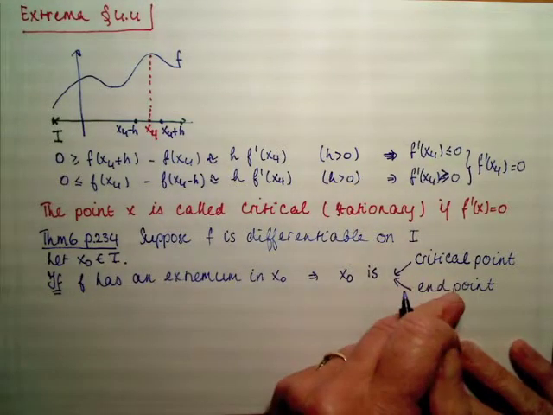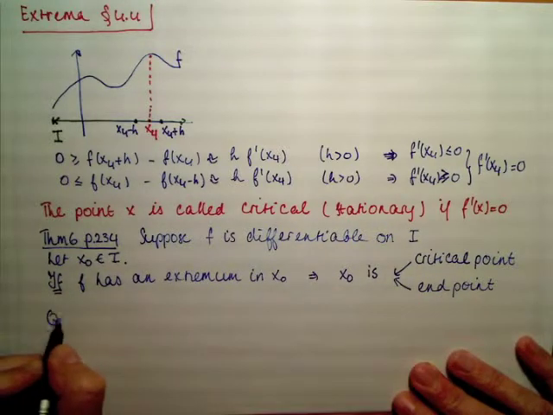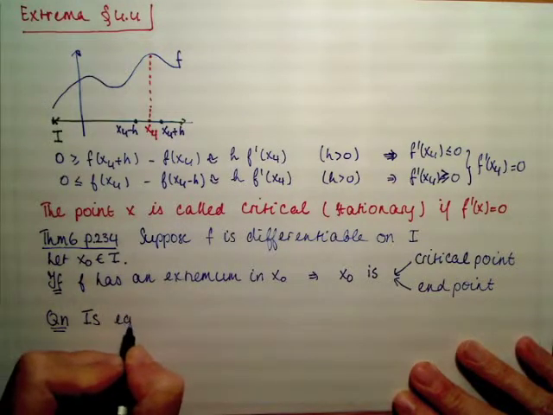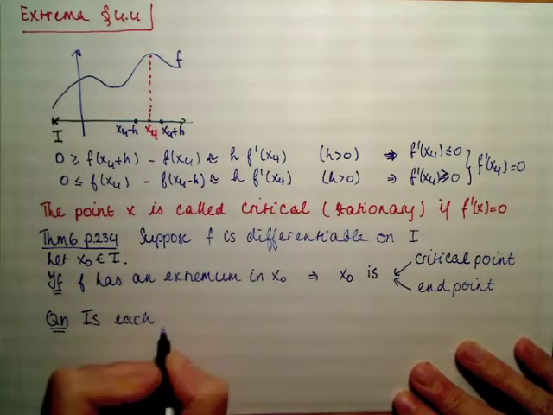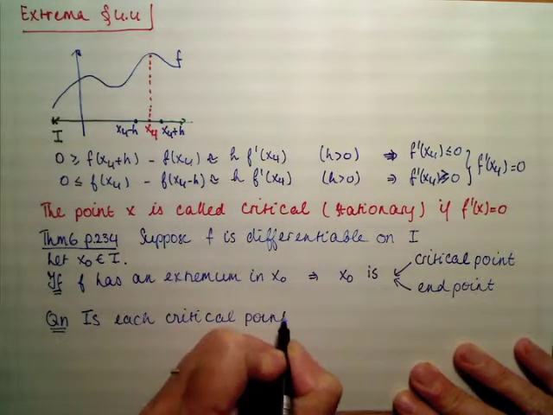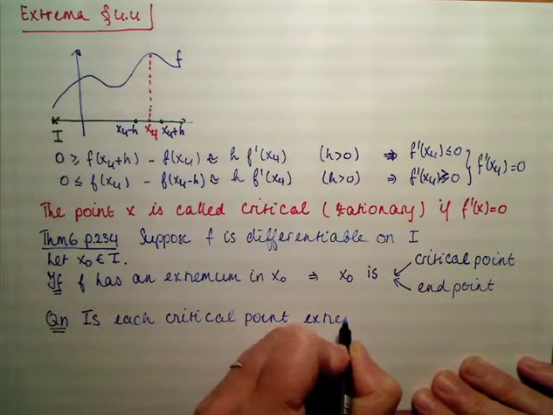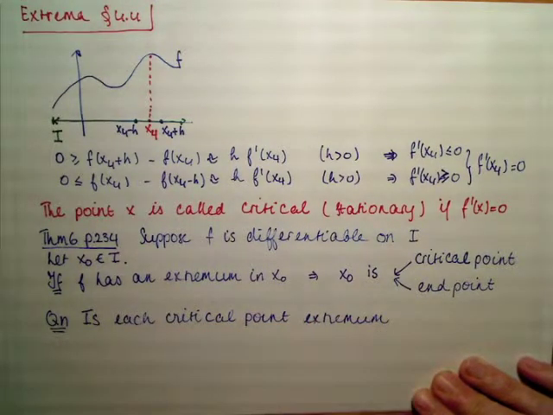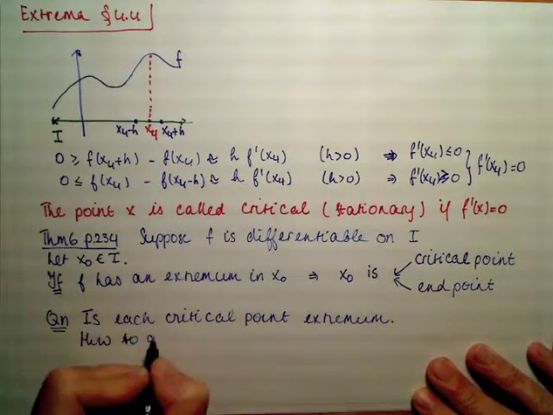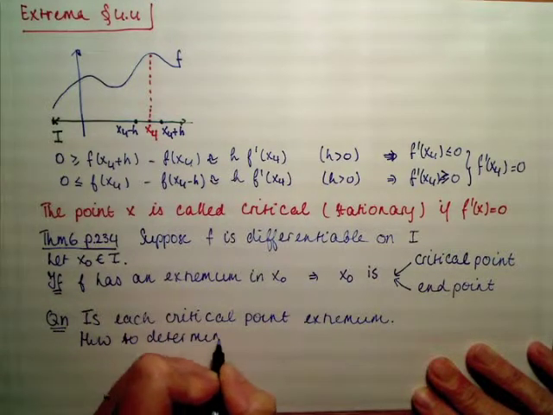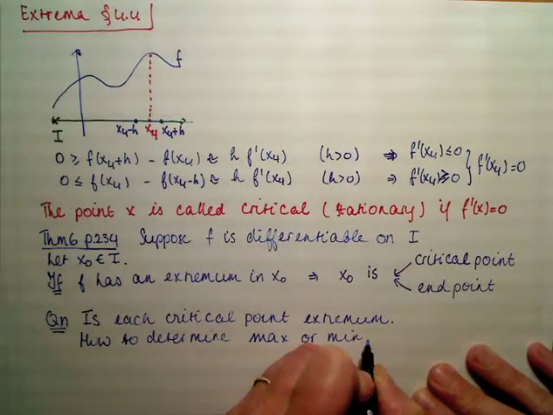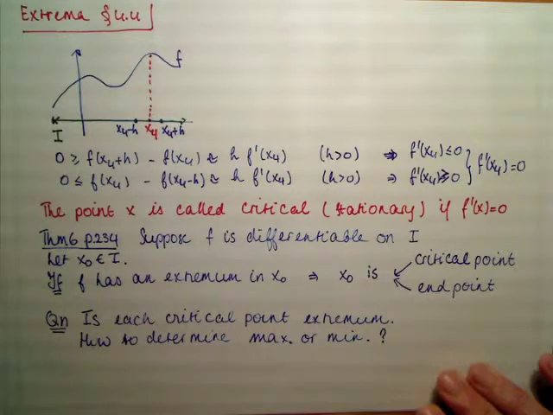Of course, once you have these points, then the next question that arises is whether each of these critical points is an extremum, and associated how to determine whether it's a maximum or minimum. Well, it turns out not to be that hard.